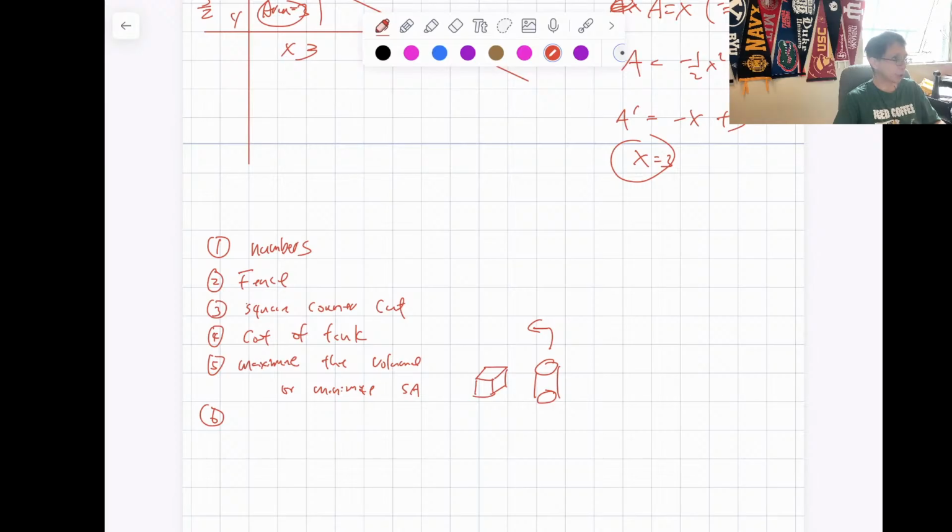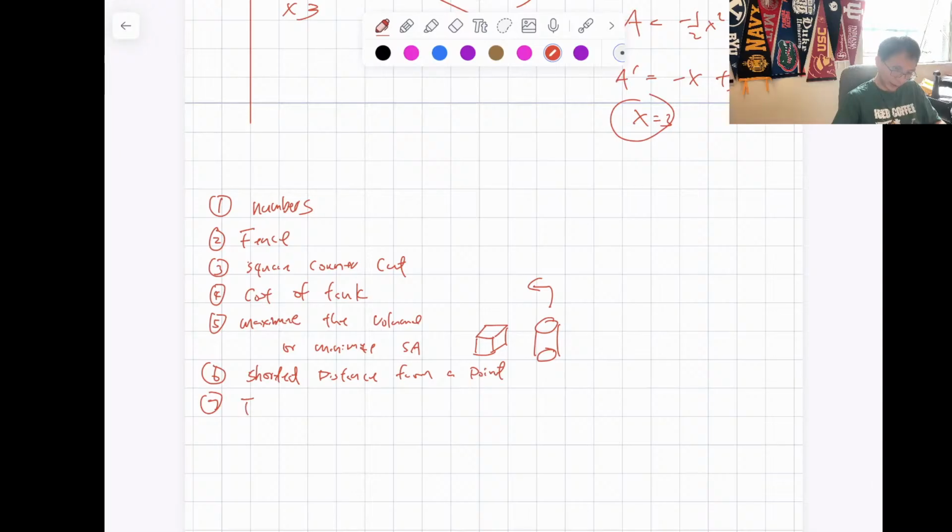Oh, the shortest distance from a point? And we did a lot of those questions yesterday. The 7 is going to be the inscribed one, the inscribed rectangle. You should expect all those. Question 8 is a surprise. You know you love surprises.